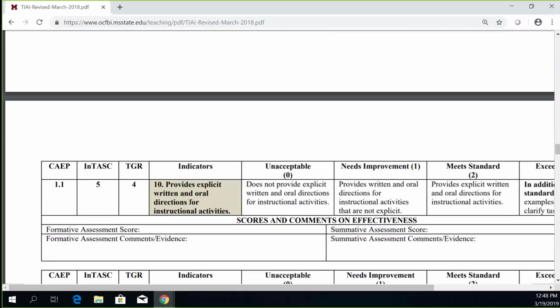Provides written and oral directions. Do you speak clearly on your directions? Are there any questions? Do you take the pregnant pause, also known as wait time, 3 to 5 seconds? When you ask a question, do you pause? And I've tried to explain this to a lot of my classes, but it's hard to do with one student in here right now. It's hard to do with one student because it's awkward.